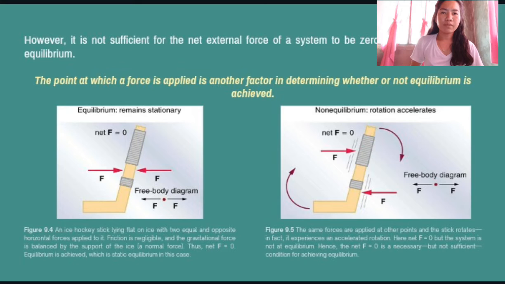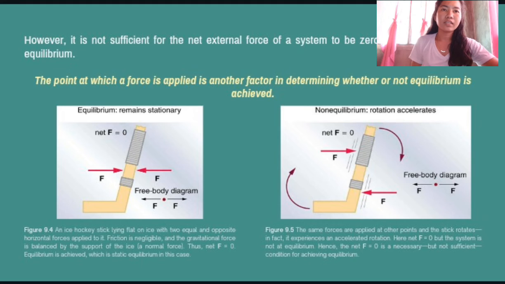In the first figure, the stick remains stationary since there is no change in its position. Thus the net force is equal to zero, and equilibrium is achieved, which is static equilibrium.